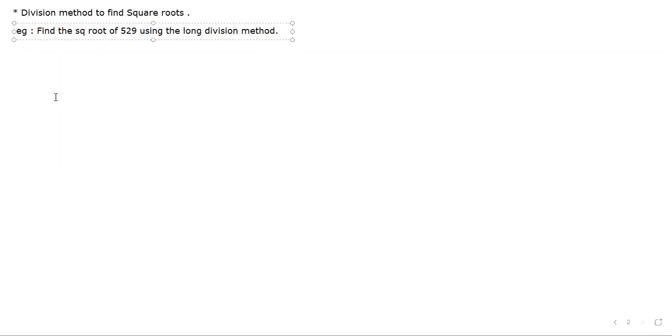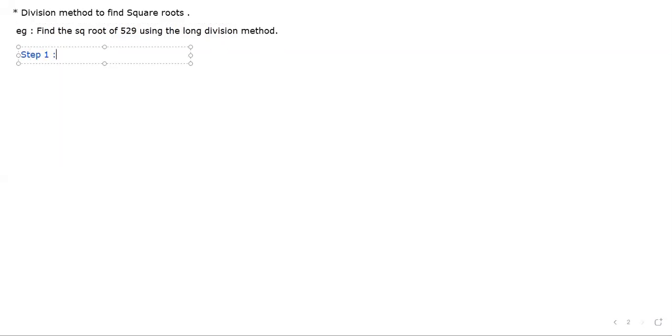Now first, leave some right hand side space. On the left hand side, write the steps. On the right hand side, we will do the steps. Okay, let us write the steps.